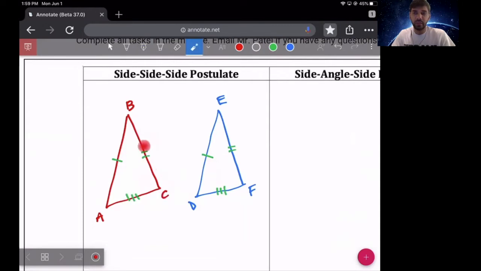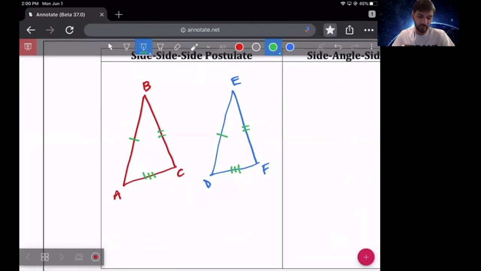Now I see that all three sides of this first triangle ABC are the same lengths as the sides of this other triangle DEF. This is side, side, side because I see all three sides are congruent to all three sides of this other triangle here.